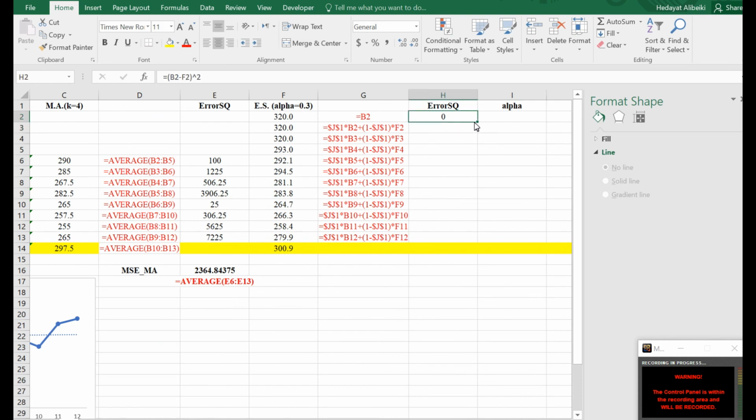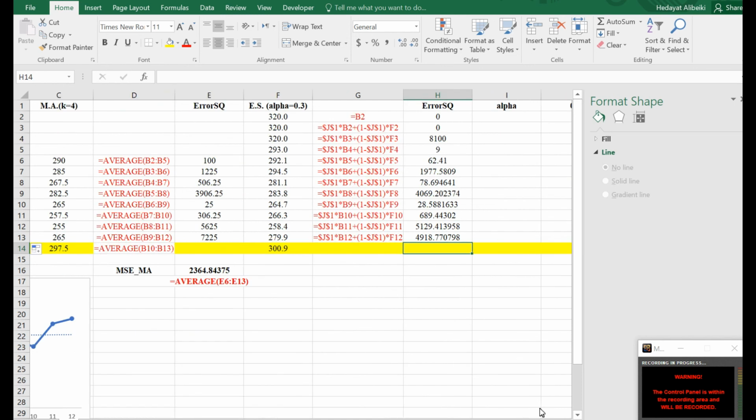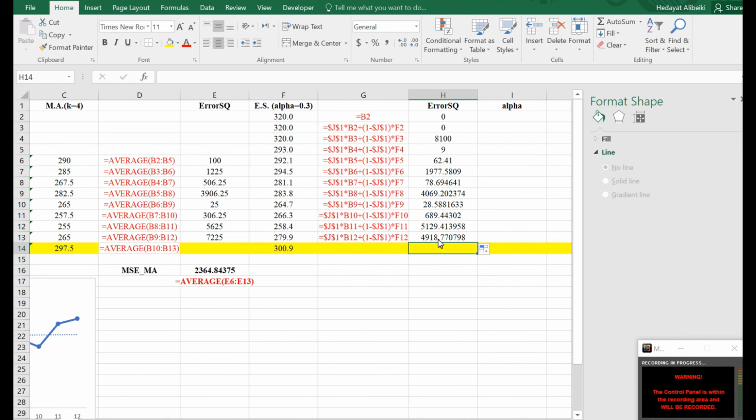And you just drag it down. But again, we won't be able to calculate for period 13, because we would be comparing against 0 there. Since we don't have any actual observation there, we have to stop at 12. We shouldn't calculate for period 13. Now, again, let me make it a bit nicer by decreasing the number of decimals.